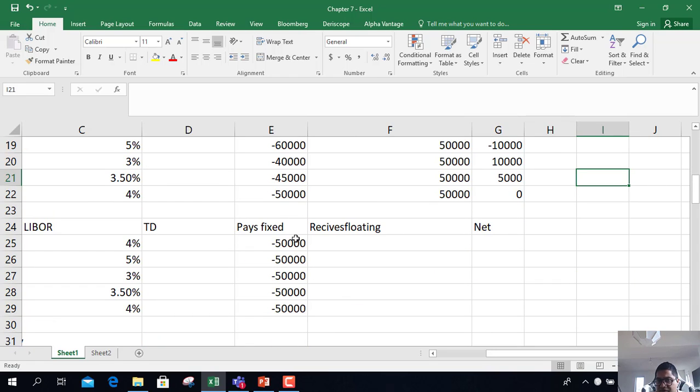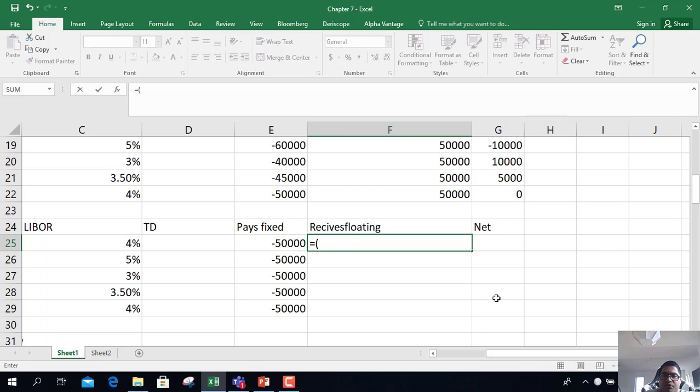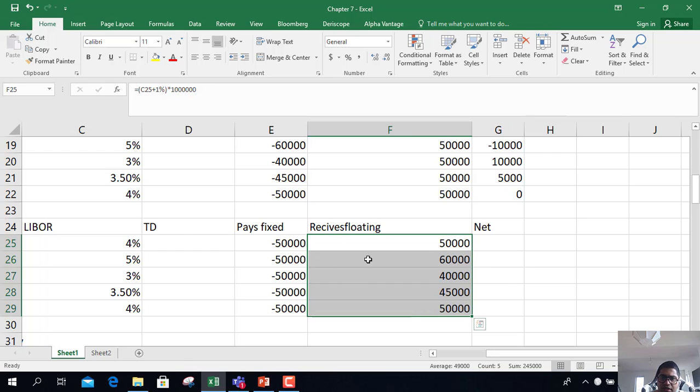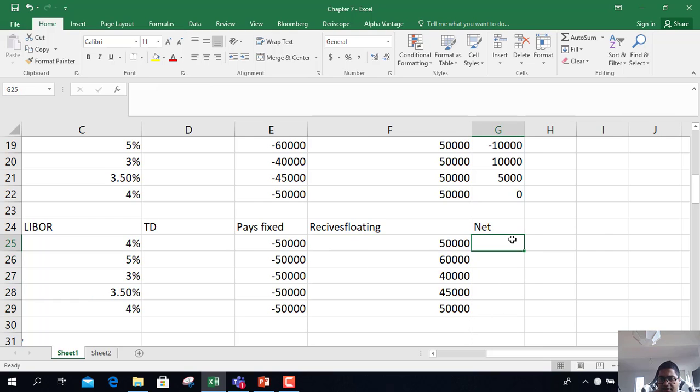So it pays 50 grand, fixed. It receives floating. So how much is it going to receive? In the first year it's going to get 4% plus the 1% spread that was there in the swap into 1 million, 50 grand. Next year it's going to get 60, 40, 45 and 50.